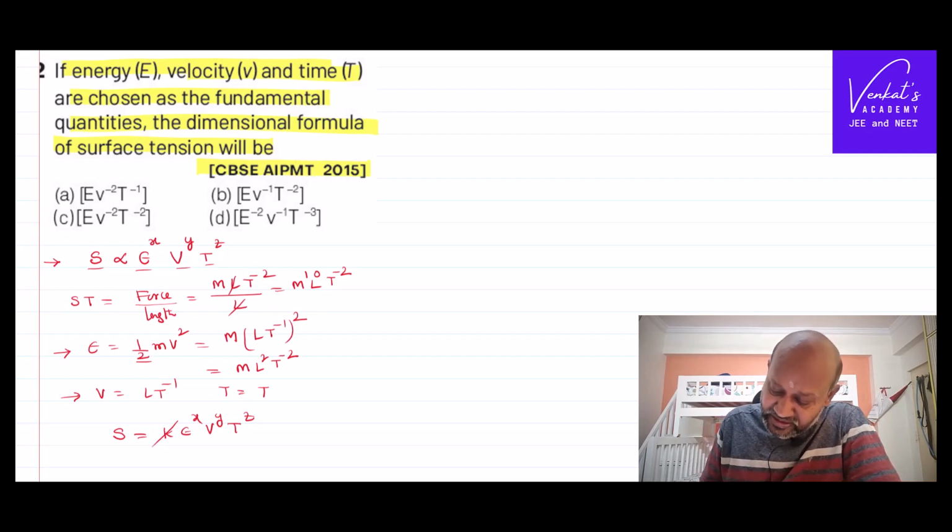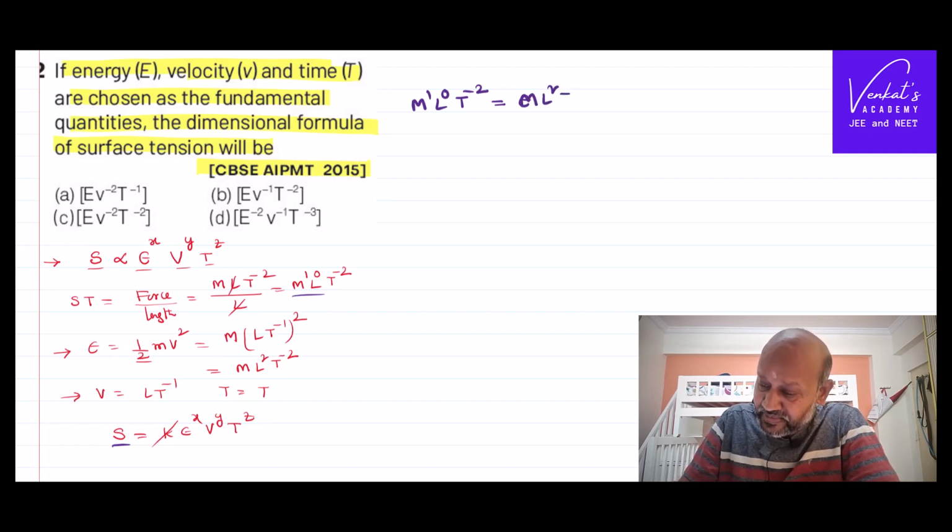Let us substitute all these values in this equation and see what happens. In this equation, surface tension, M power 1 L power 0 T power minus 2, can be expressed as energy power of x. So what is energy? M L square T power minus 2, as I have already explained, whole power of x.